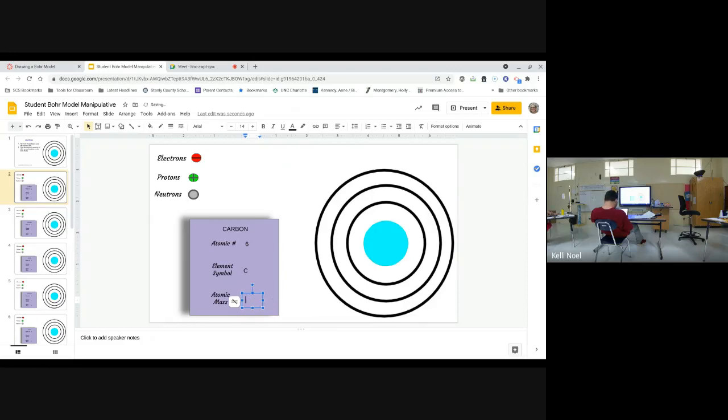So what is its mass going to be? 12. Now, these up here I can drag. The atomic number is number of protons. I need 6 of these in the nucleus. So I'm going to drag 6 of these pluses into the nucleus.